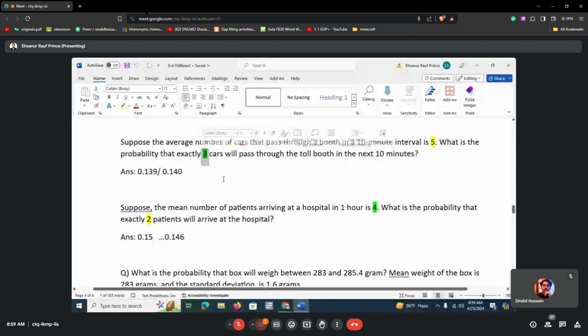The mu value is 5. You know the value of e, 2.71, right? Now find out the probability. Can you please check whether the answer is 0.139 or 0.140? What is the answer? Let's go back to the formula.